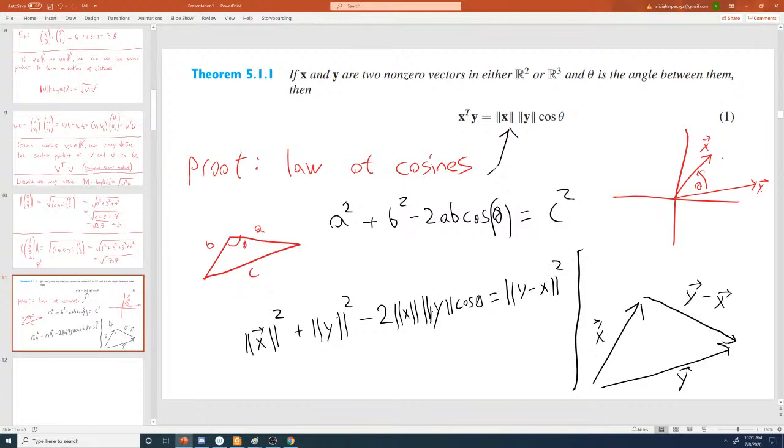Now this right here is the same thing as x transpose times x plus y transpose times y minus 2 length of x, length of y, cosine theta is equal to (y minus x) transpose times (y minus x).